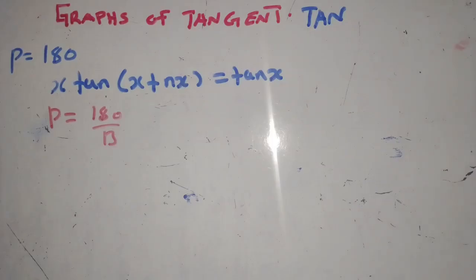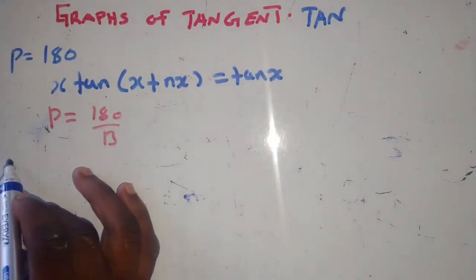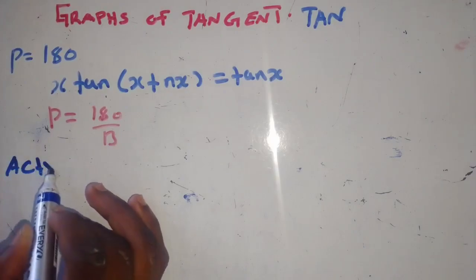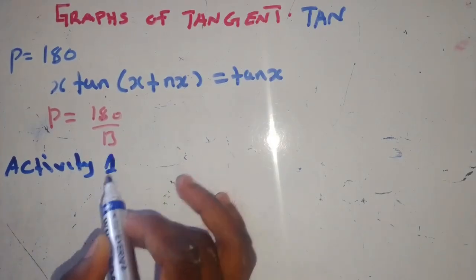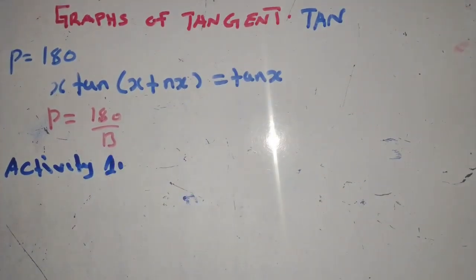So we have activity 1. We are concluding trigonometry. We're almost done with trigonometry in additional mathematics. In this activity there are 3 questions.